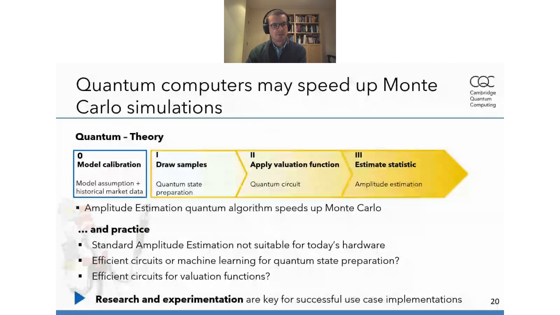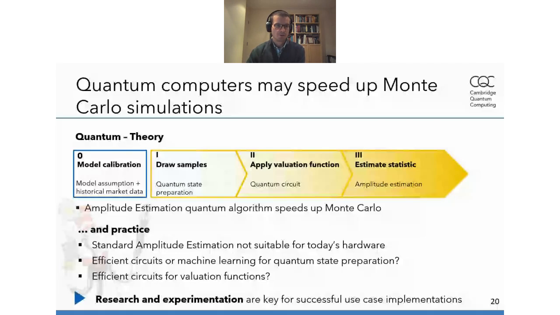Then you need to apply a function. And again, here the problem is often that you cannot just run it. I mean, in principle, yes, you could write down a quantum circuit or quantum program which calculates any classical function that you can come up with. But what you will find in practice is that these circuits and quantum programs get very complicated very quickly, and so they're just not suitable to run on near-term devices anymore.